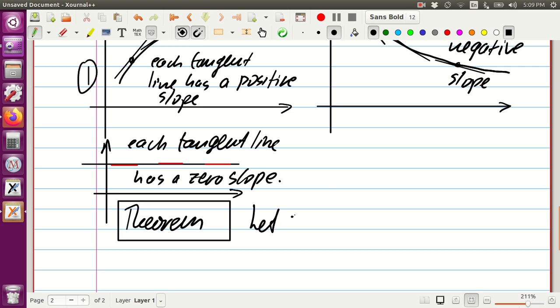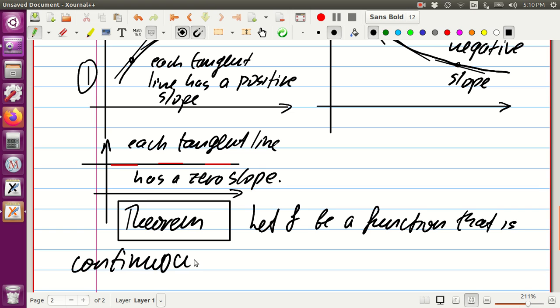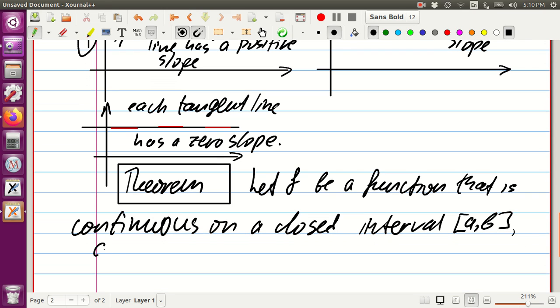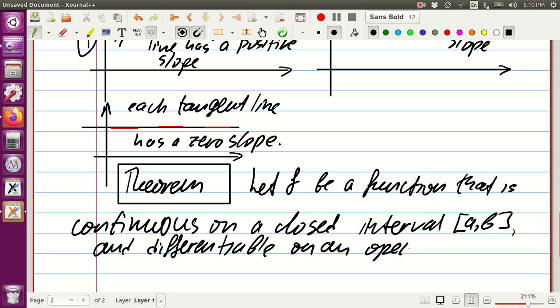Let f be a function that is continuous on a closed interval [a, b] and differentiable on an open interval (a, b).